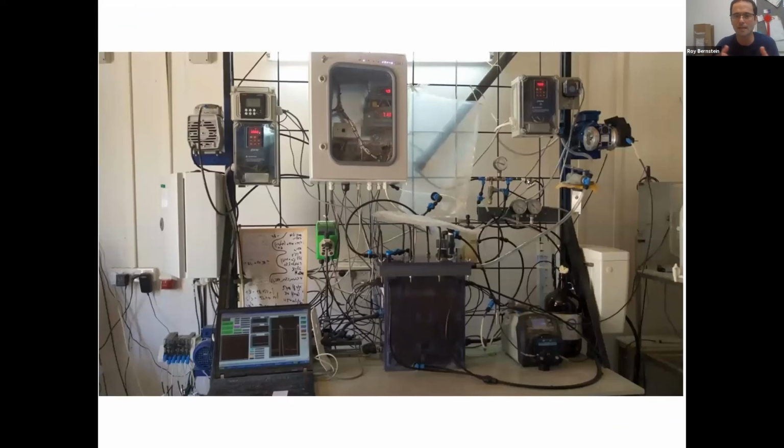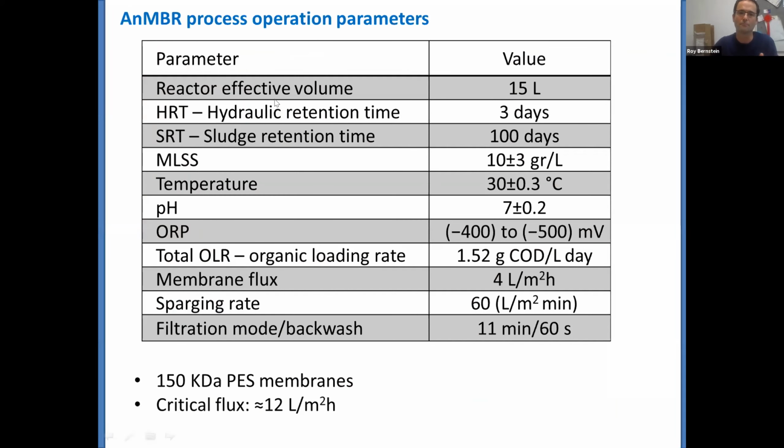This is how it looks in reality in our lab. Here we have the reactor and everything is controlled, and we also recycle the biogas in order to sparge and minimize fouling. These are the process operation conditions for the reactor. Three important things. First of all, the HRT is relatively high, but this is typical for industrial wastewater.